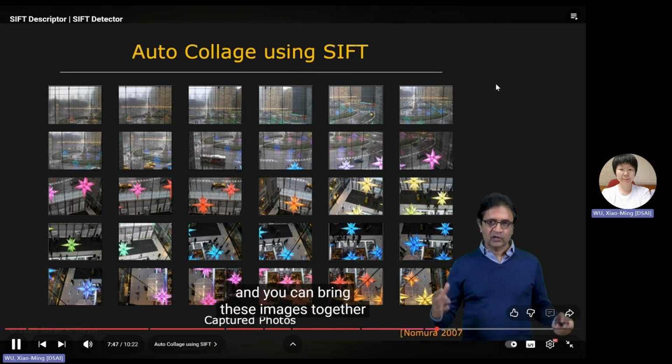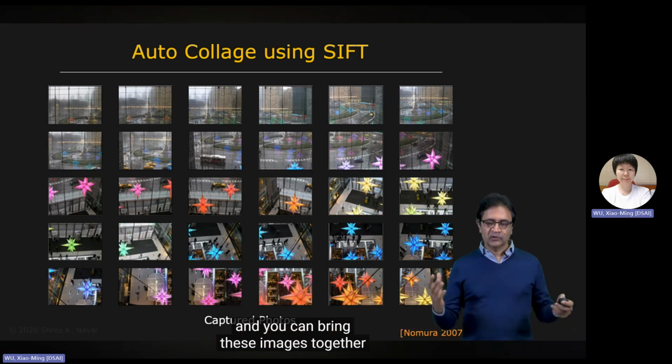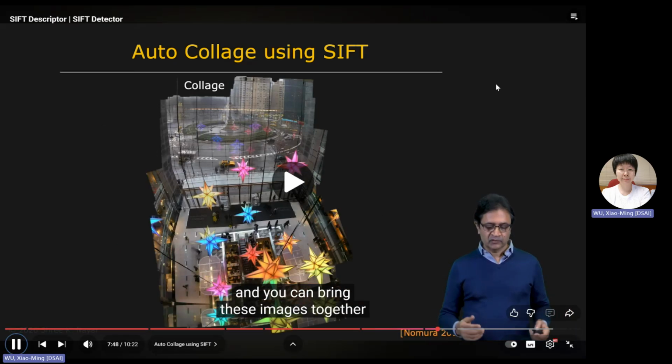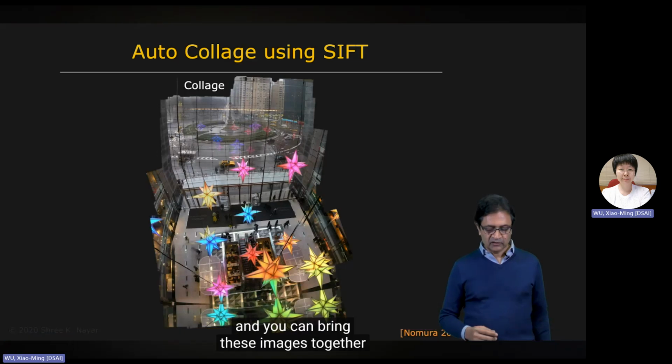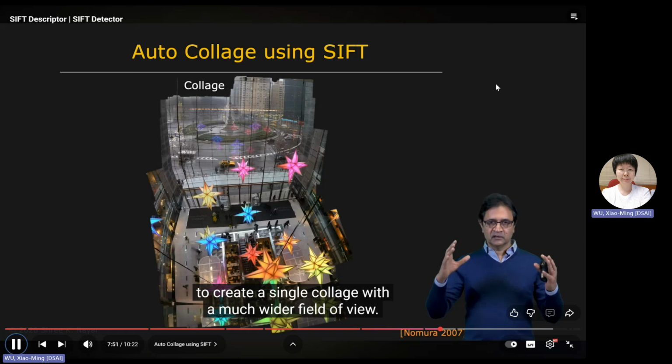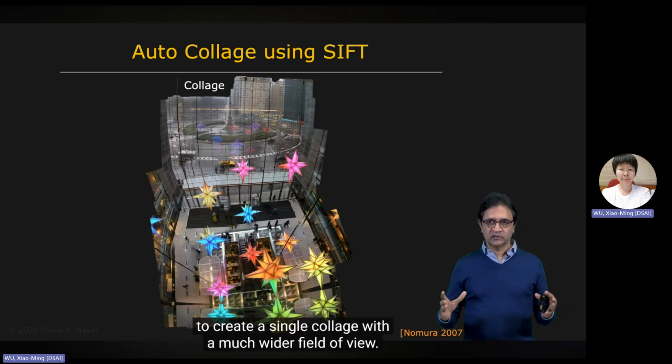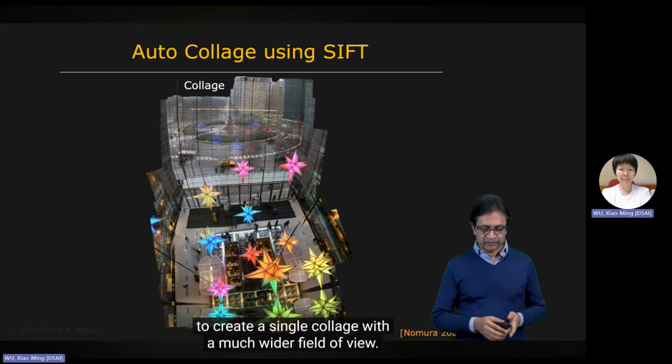We have a dozen, more than 20 images. We can bring these images in and create a collage of these 20 or 30 images, to create a single collage with a much wider field of view.